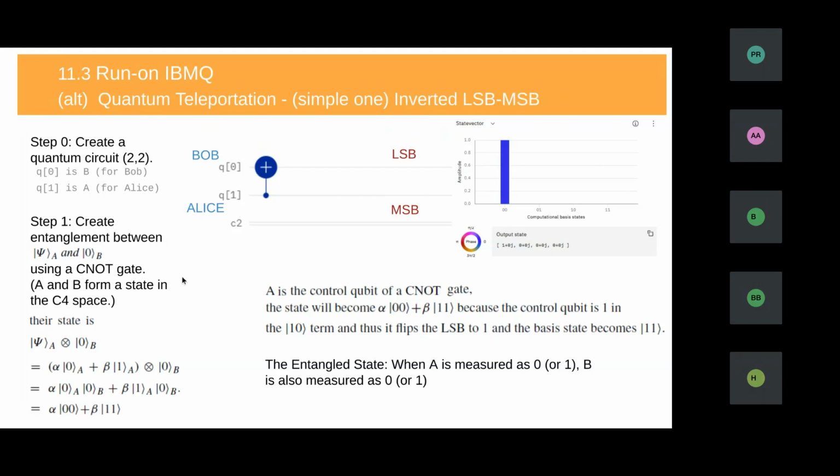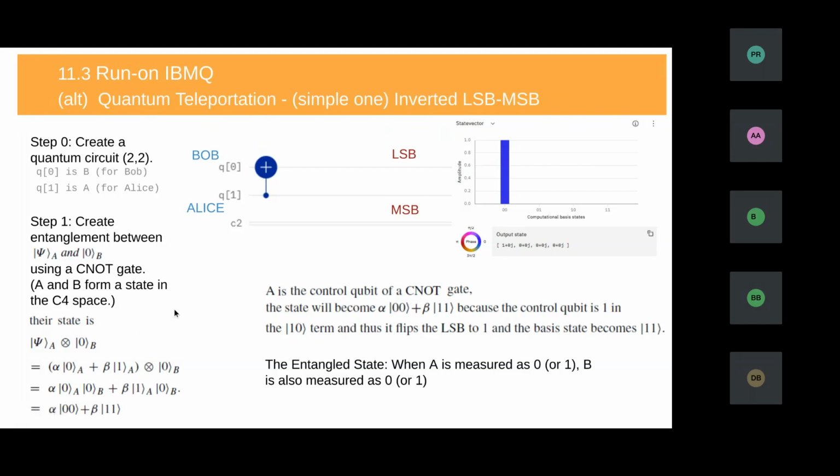So here, the only entanglement we are trying to do is again psi A and 0B. Why 0B? As I said, you start with a clean slate, right? When you have a register, you want to zero it before you copy. So even in teleporting, the same principle is applied. And using the C0, the application of their state, A and B are systems.